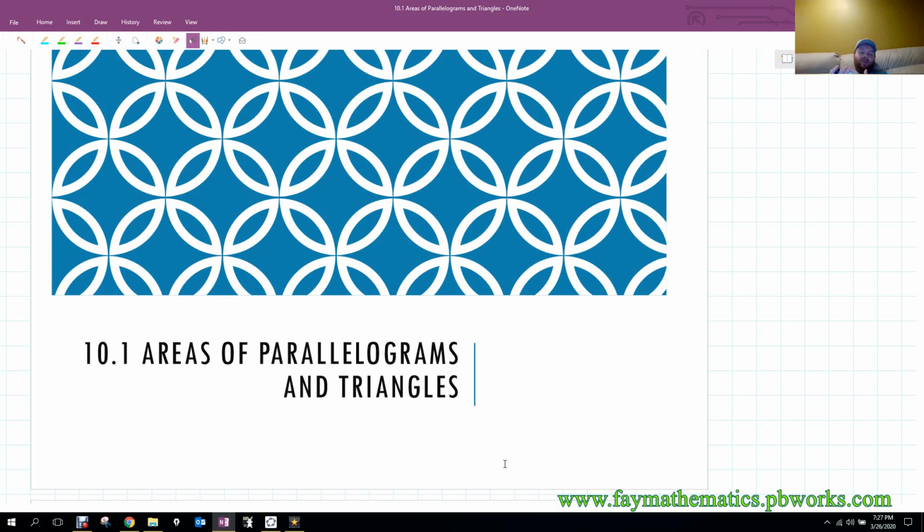For the most part, some of these formulas you already know. We're going to maybe look at them in a different perspective. And a lot of the things that we do in this chapter, because it is a 9th grade, 10th grade course now instead of 7th and 8th grade or 6th grade, I'm not just going to say, here's a formula.